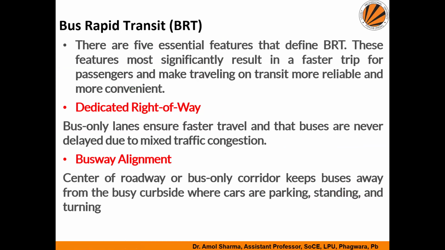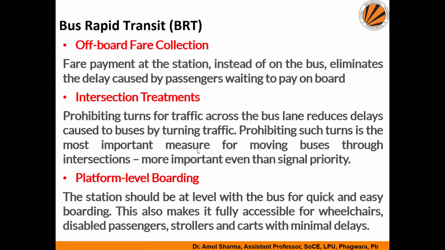The next characteristic of a BRT system is off-board fare collection. That means in typical buses, we get on the bus and get our ticket. But in a BRT system, you board the bus only after your ticket is issued and the fare is paid. So this is another characteristic of a BRT system.